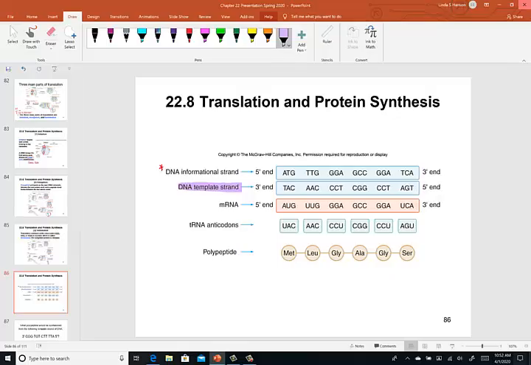The template strand always begins from the 3' to the 5' end of the nucleotide chain. When you see a DNA informational strand, it is not used in protein synthesis. We only read one of the 2 strands, and it's called the template strand.